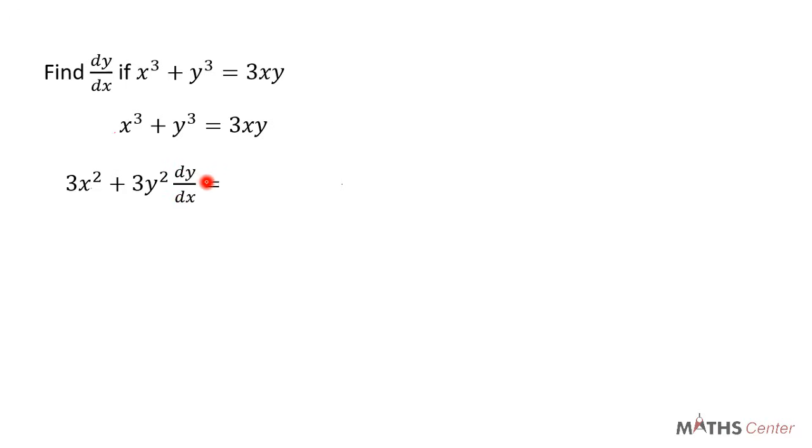Okay, and this will be equal to, now here we have 3xy. As you can see, 3xy is a product, so we are going to treat it as a product. We will use the product rule. Remember the product rule? dy dx is equal to u dv dx plus v du dx.